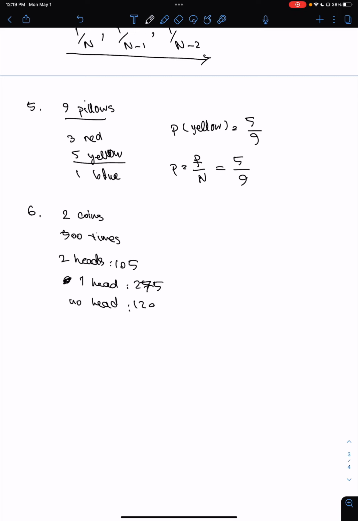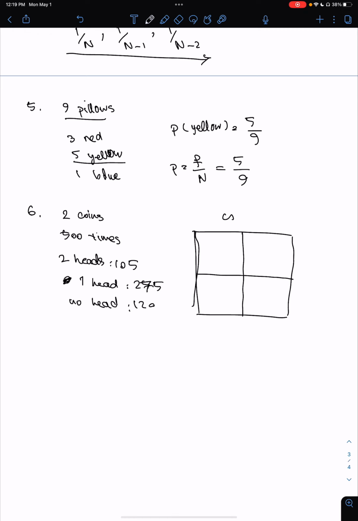So to do this, I'll usually make a table. This side is coin 1, this side is coin 2.